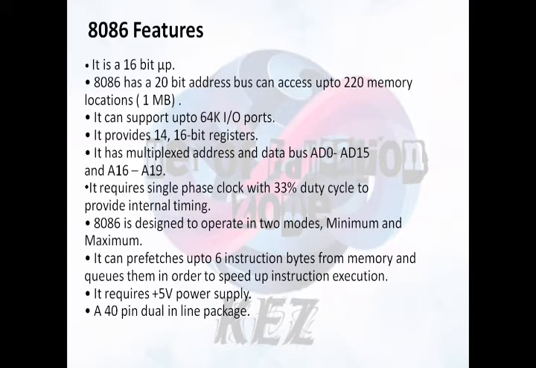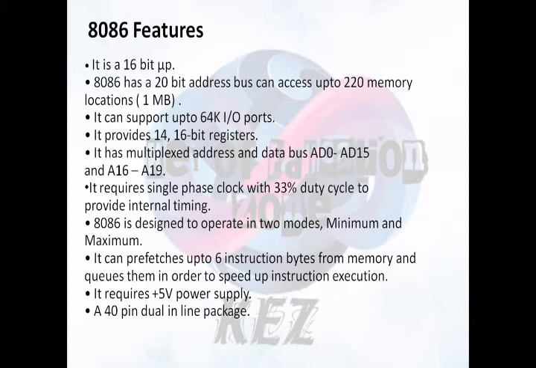In case of 8085, it would fetch one instruction, decode it, execute it, then the next one, fetch it, decode it, execute it. But here notice that they will fetch 6 at a time, queue them, and decode and execute one by one. So it will be very fast. And obviously they have a 40-pin dual inline package. These you have to remember.